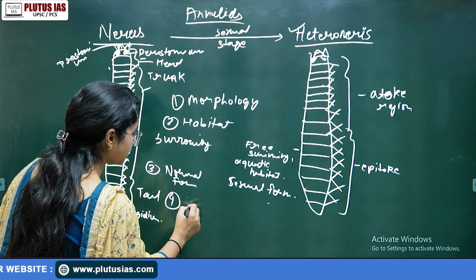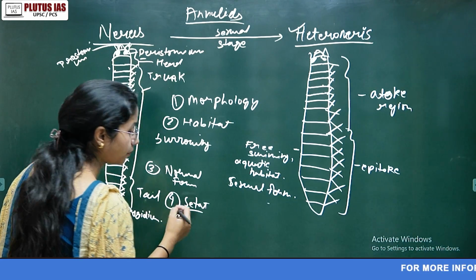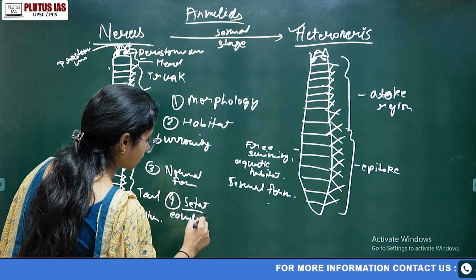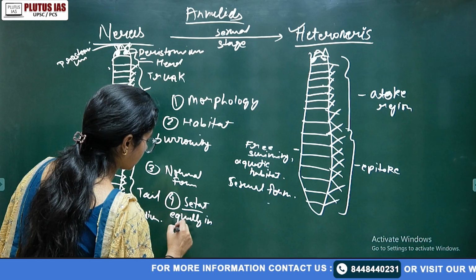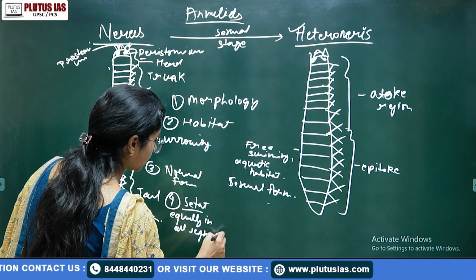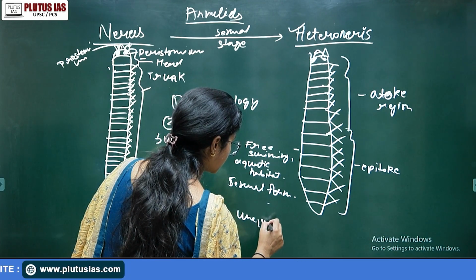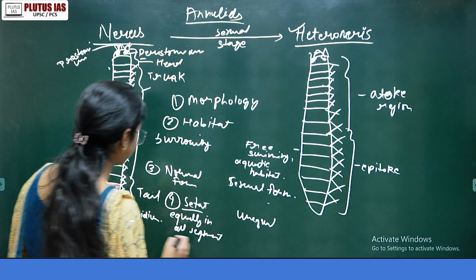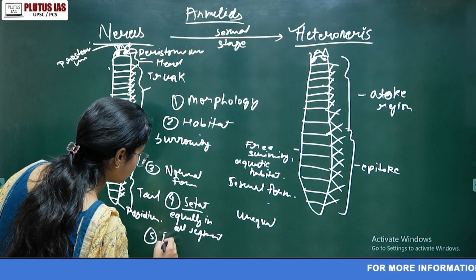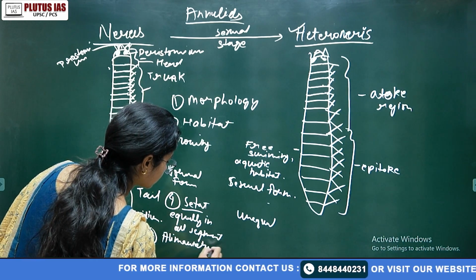The fourth difference is the setae. The parapodia are equal in all segments in Nereis, while in Heteronereis they are unequal. The fifth difference is the alimentary canal.